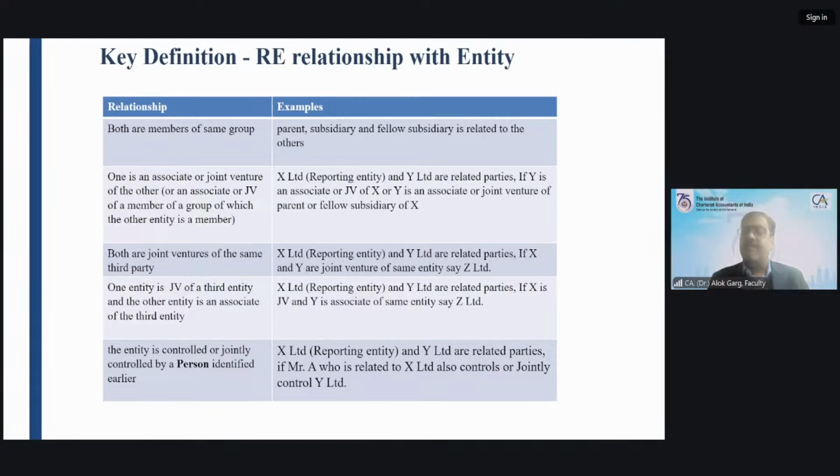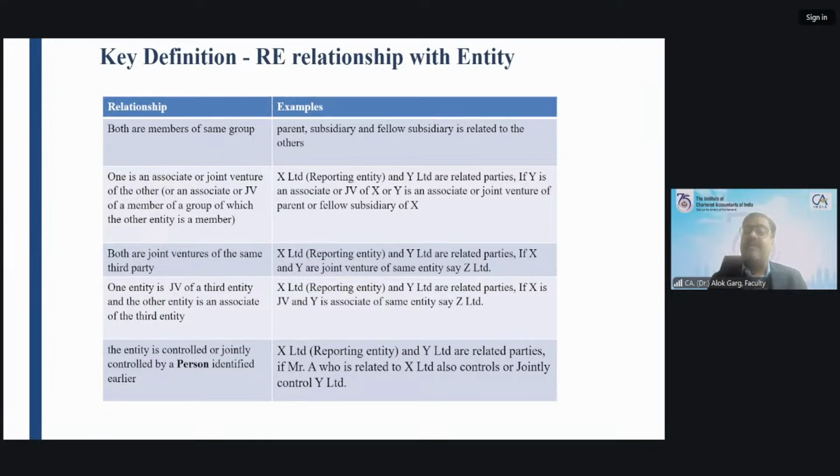You remember, Saminathan was controlling Saminathan and Company Private Limited. And Saminathan was also controlling Saminathan Advisory Private Limited. So will these two entities become related parties? Yes, sir. Answer is yes. It is controlled by the same person.